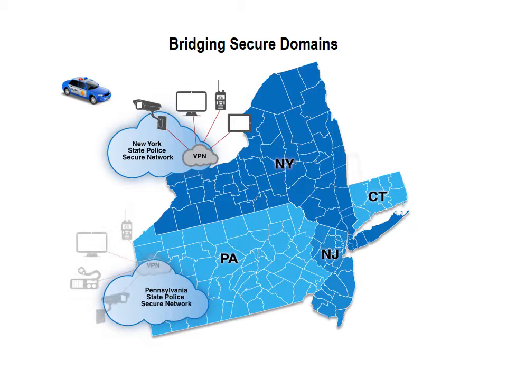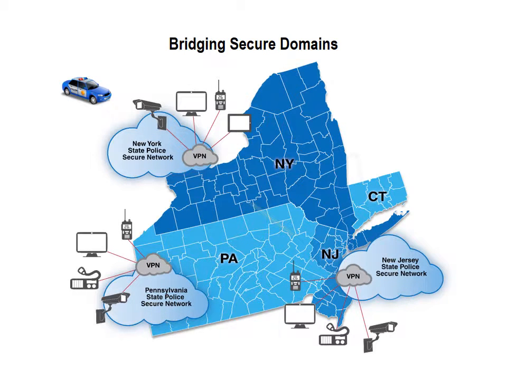One of the key advantages of Mutualink's approach to achieving interoperability is that secure domains can be bridged. A use case for bridging secure domains is in the case of interstate agency collaboration, or collaboration between a global business entity and a federal or state agency.